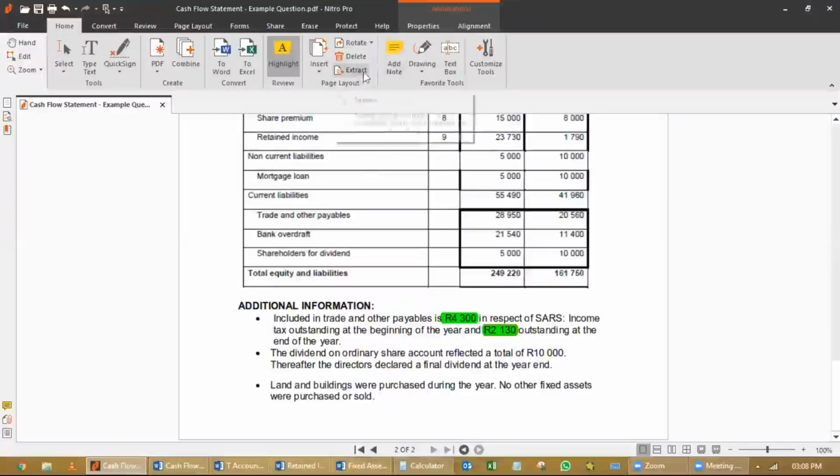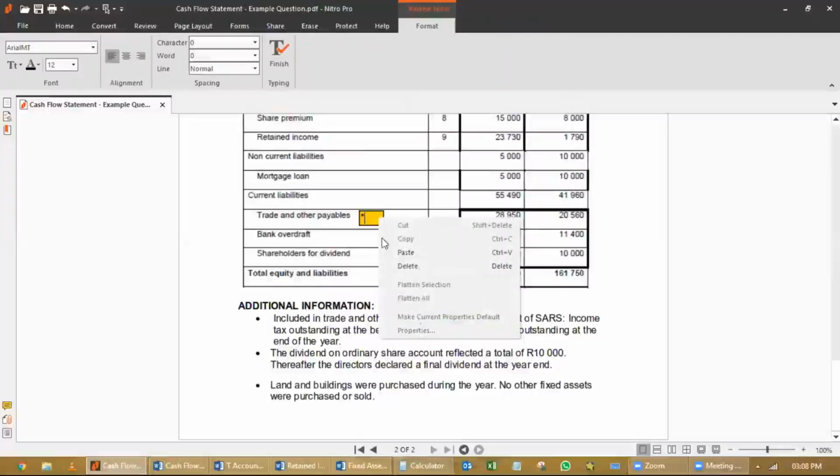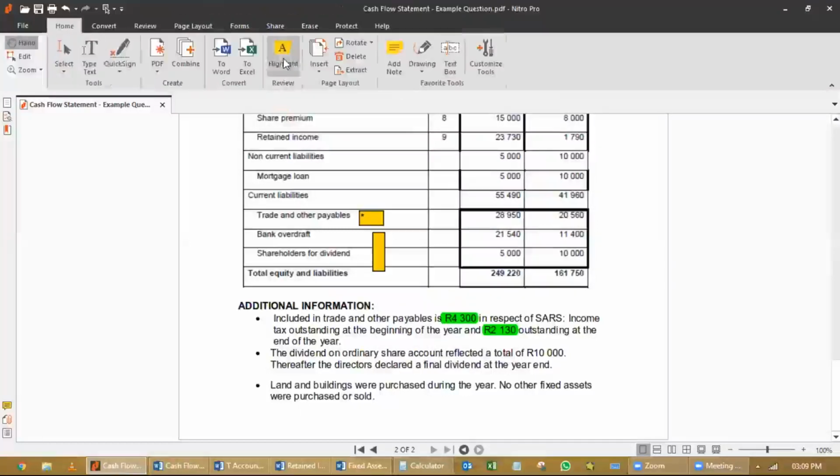So what I would suggest you do is make a little note here by trade and other payables that my additional information has bearing on this. So later when I'm using trade and other payables, I'll see this little indicator and I know, oh okay, something has to change with these two amounts because of my additional information.